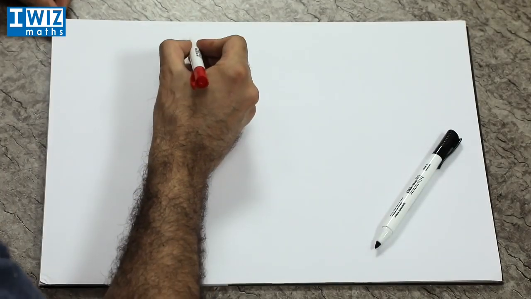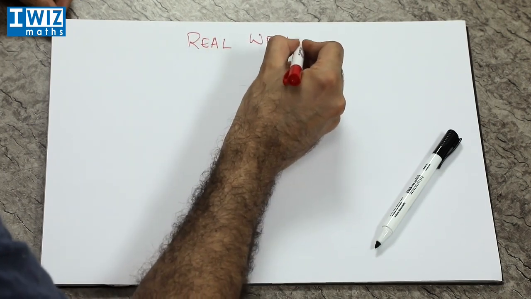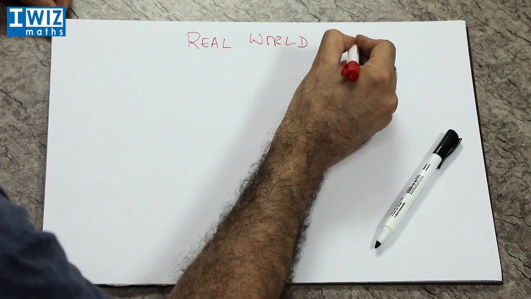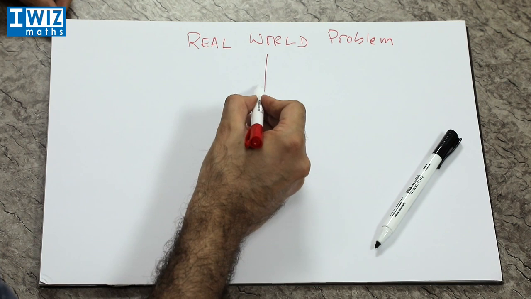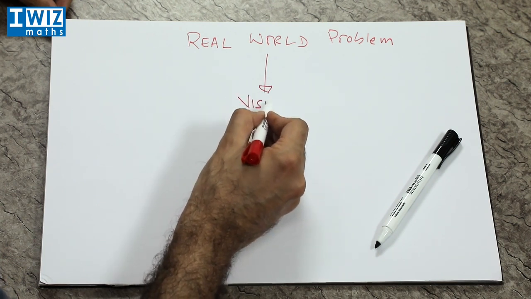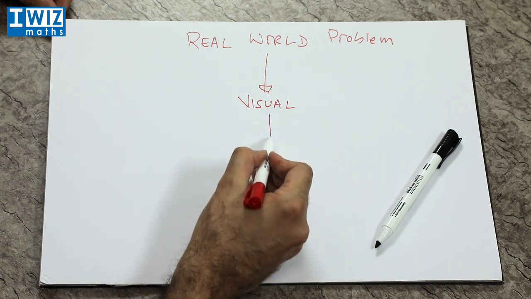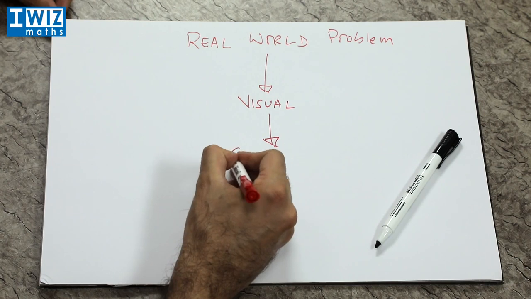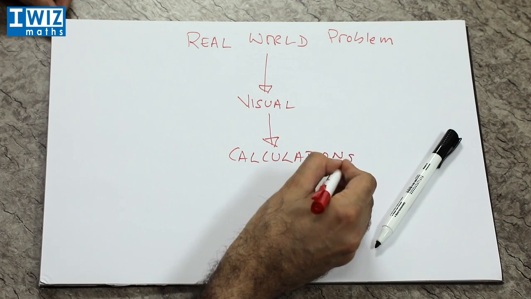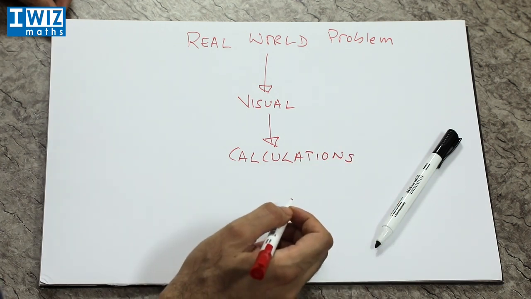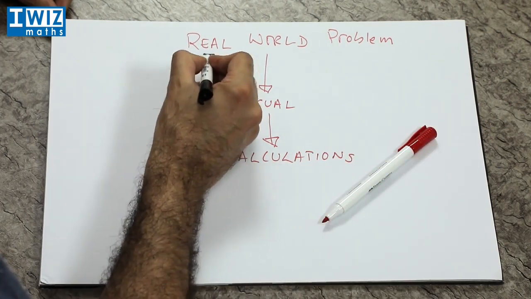What we've essentially done is started with a real world problem, and then we constructed a visual representation of that particular problem, and from there we were able to do some analysis and some calculations in order to get the answer to the question that we posed from the real world.